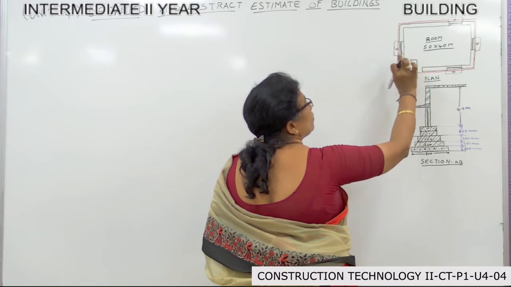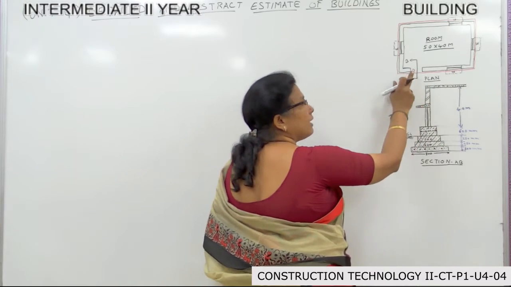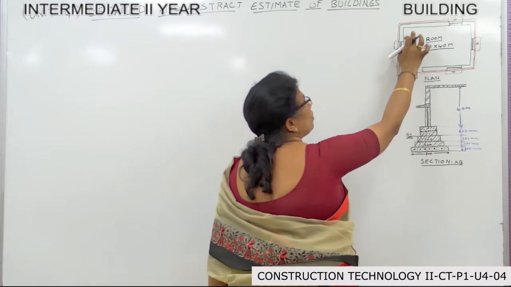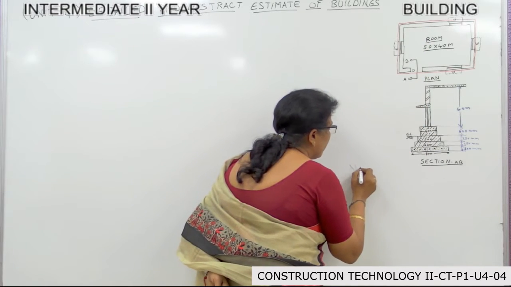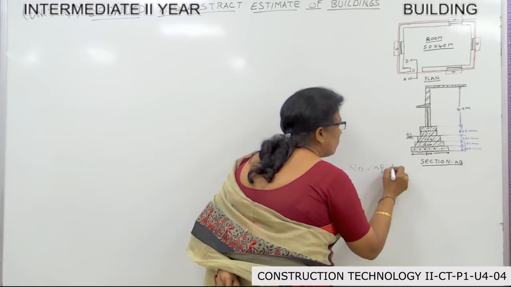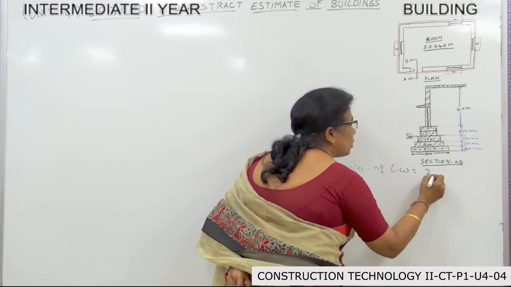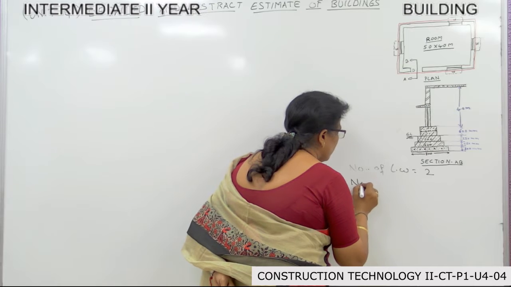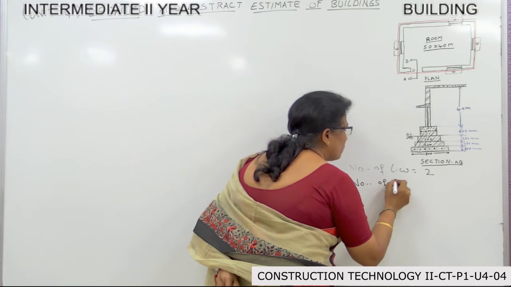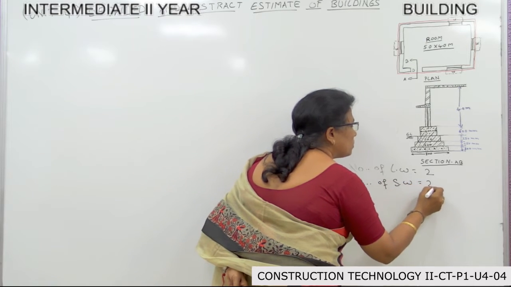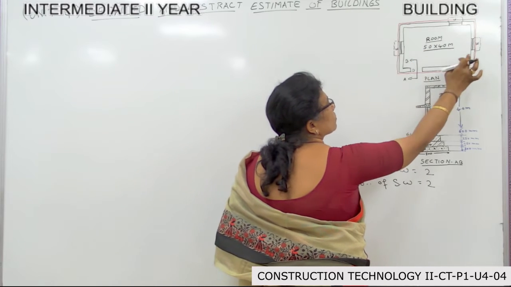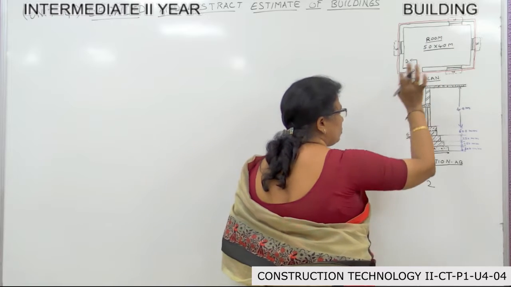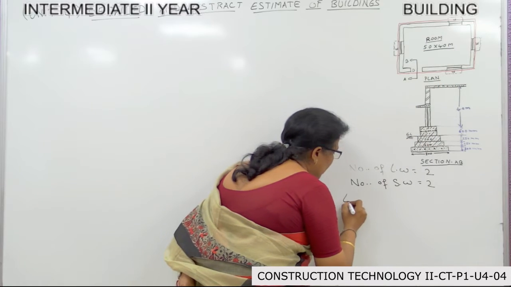How many walls are there? Total 4 walls. In that, you have 2 long walls and 2 short walls. I am writing here: number of long walls 2, number of short walls 2. This is one long wall and this is one long wall. This is one short wall and this is total 2 short walls and 2 long walls.